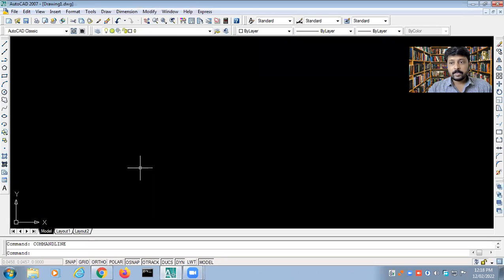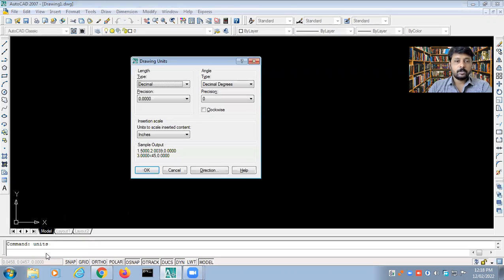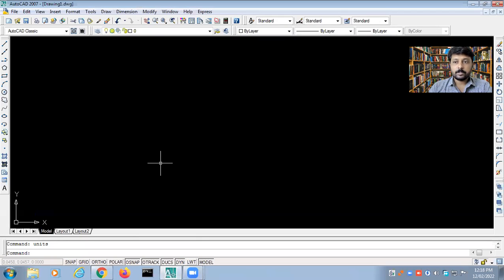And yesterday, I think we started to draw a rectangle, right? First of all, we set the units. It was millimeters, and 0.00, right? Now you can draw anything that you like.